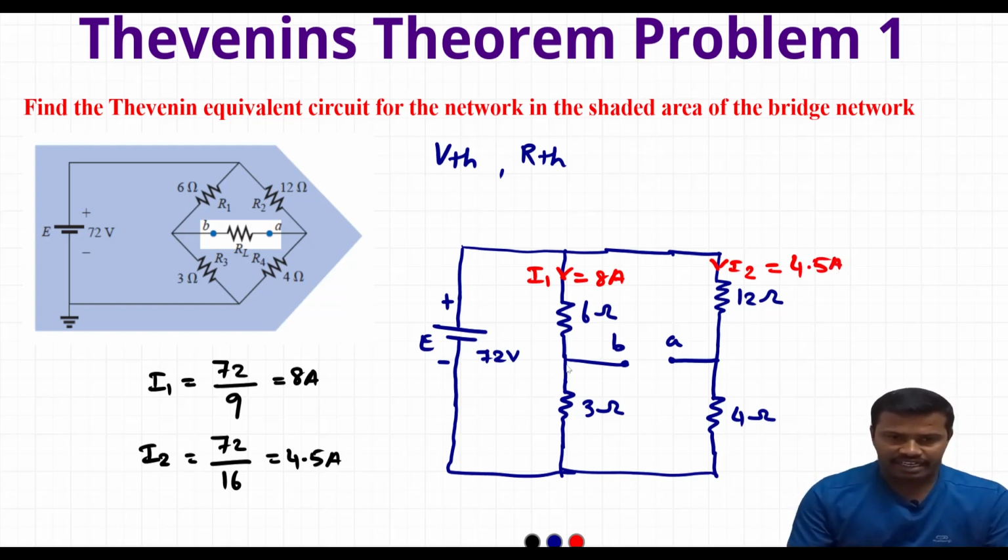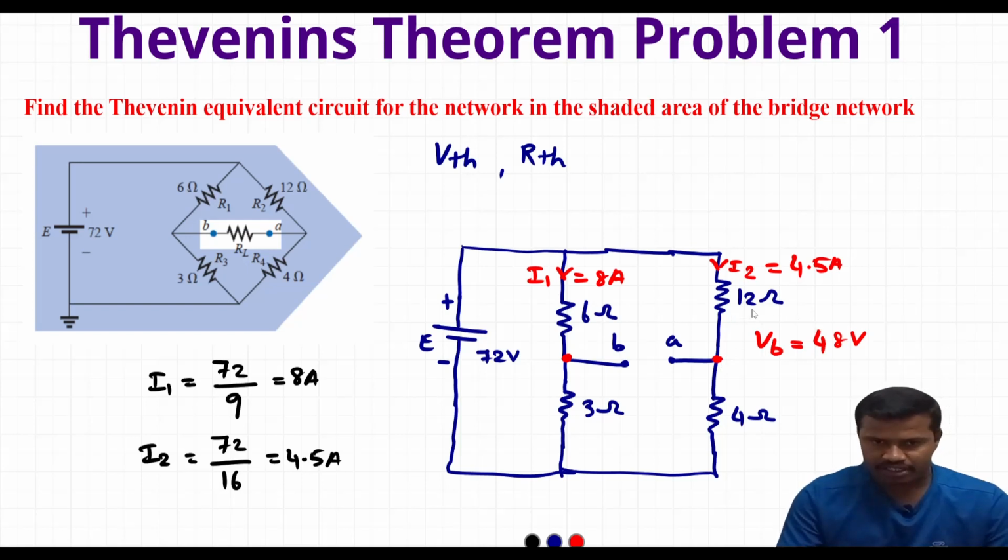Now we need to calculate the voltage at these points. The voltage available at point B is the voltage drop across the 6 ohm resistor. So VB is equal to 6 into 8, 48 volt. The voltage at point A is the voltage drop across the 12 ohm resistor.